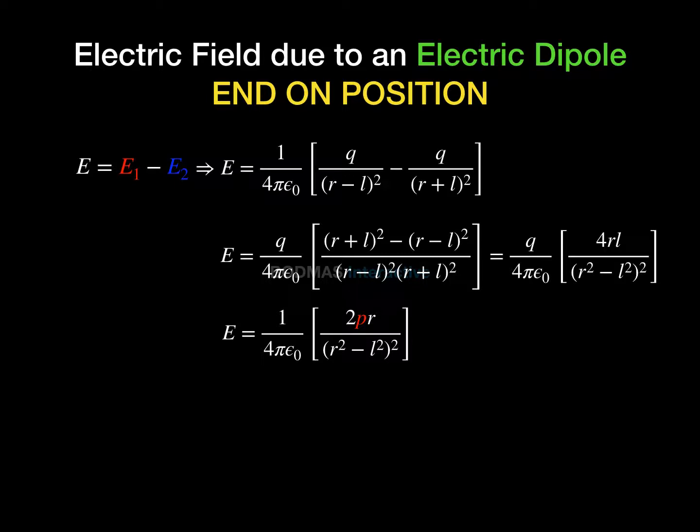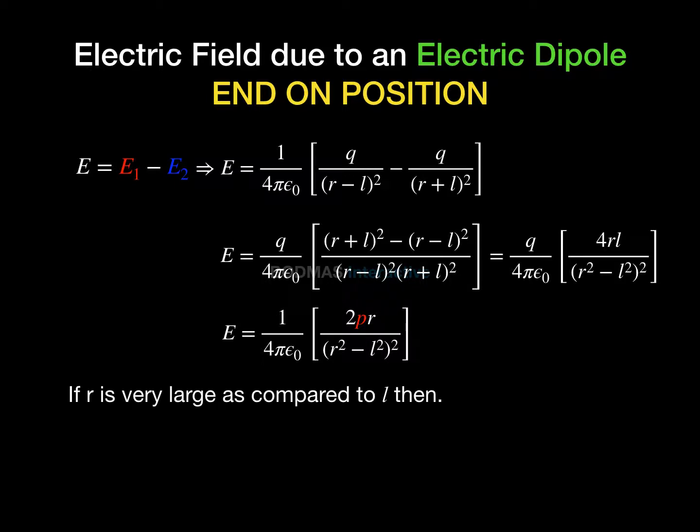Now the net value of E becomes 1 upon 4 pi epsilon naught times 2pr over (r squared minus L squared) whole squared. Here p is the value of 2QL, which is electric dipole moment.